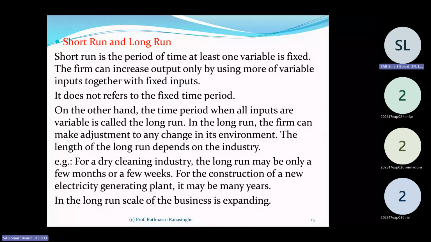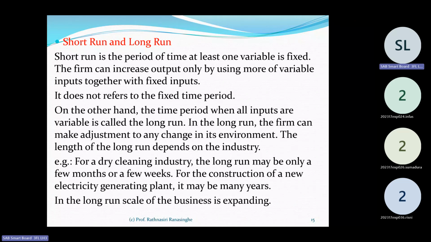So in the short run, at least one factor is fixed. Now suppose we have labor and capital. The capital is fixed, so the variable factor is labor.